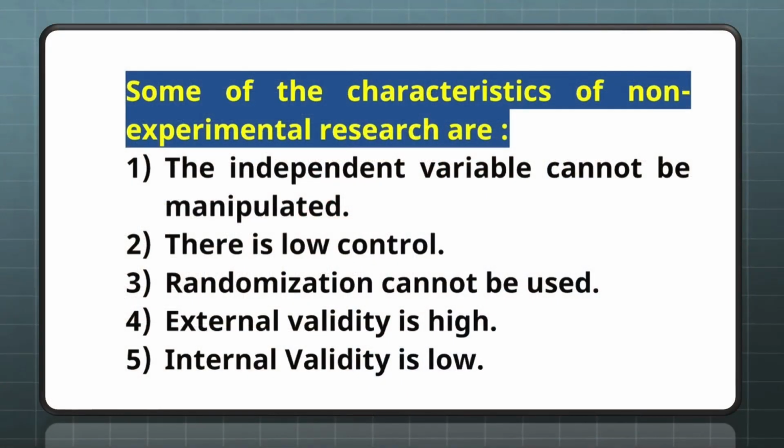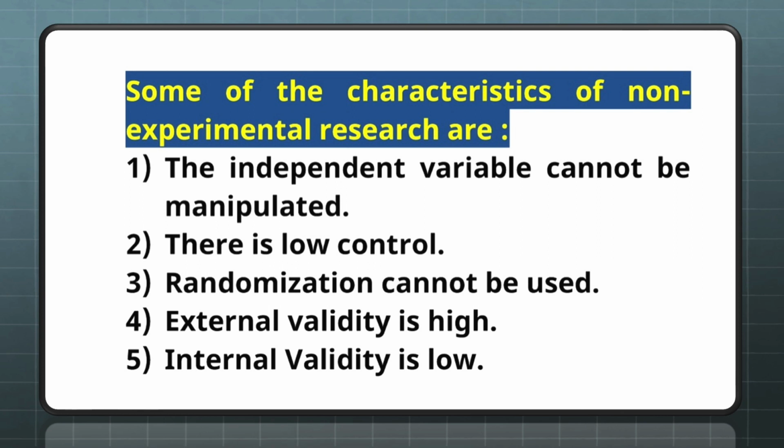Now, I will talk about some of the important characteristics of non-experimental research. When you are conducting non-experimental research, what are the main characteristics you should keep in mind? If you know the characteristics, you can understand this method very well. Number one, the independent variable cannot be manipulated.